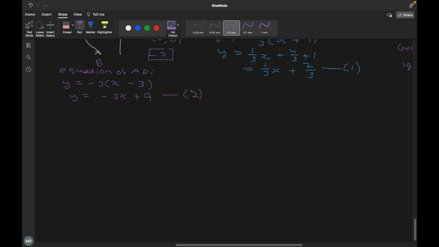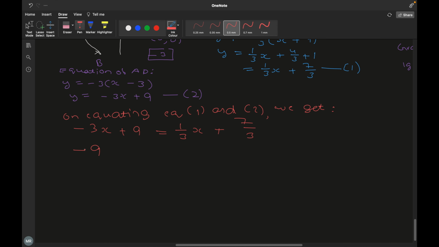On equating equation 1 and 2, we get -3x plus 9 equals 1 divided by 3x plus 7 divided by 3.